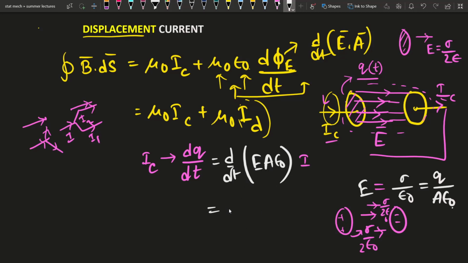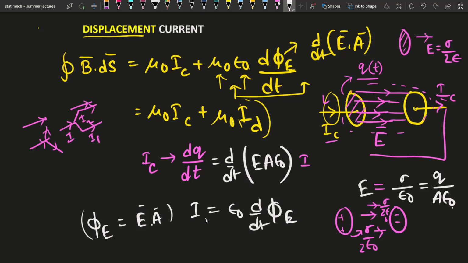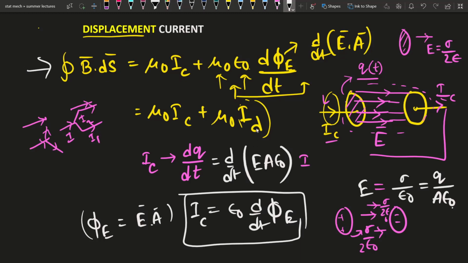So the current, d/dt of q, is nothing but epsilon naught d/dt of phi E, where phi E is nothing but E dot A, right? This thing. So this is equal to the conduction current, and from the concept of Maxwell's equation, we know that I_D is equal to the same thing, this thing.